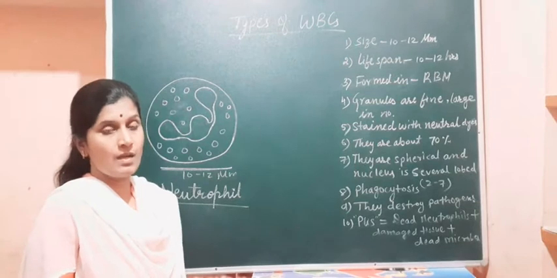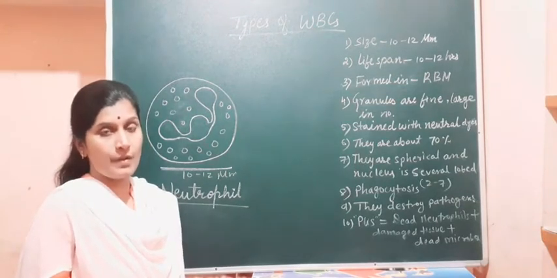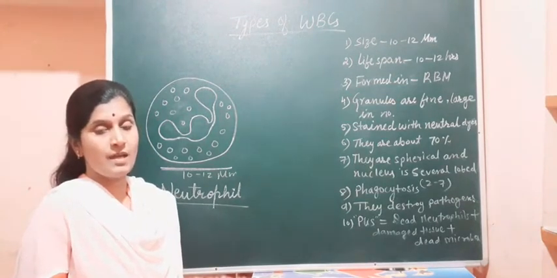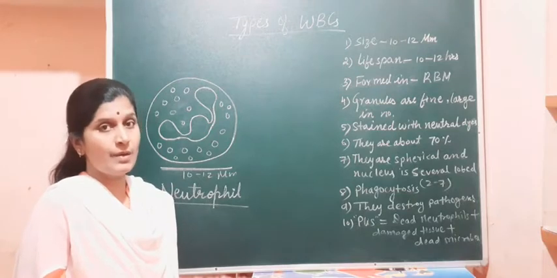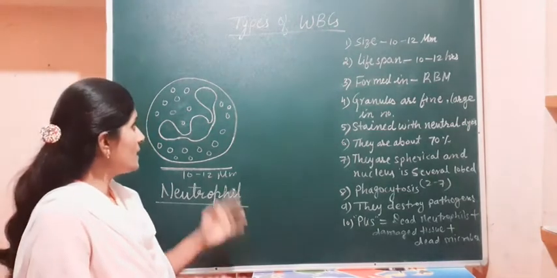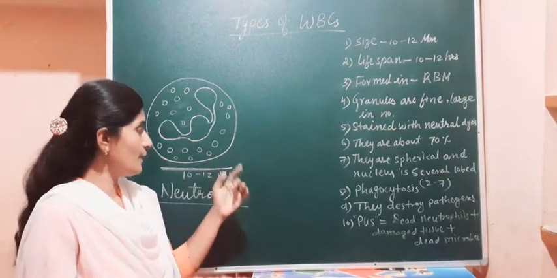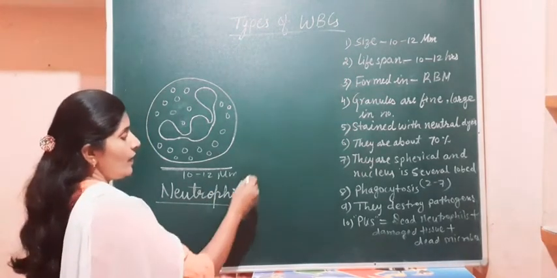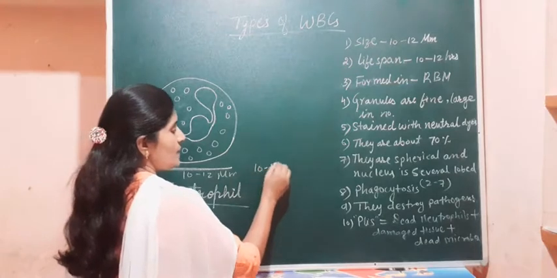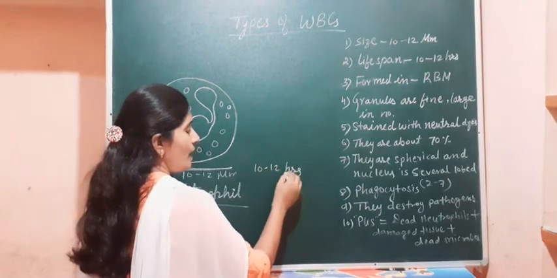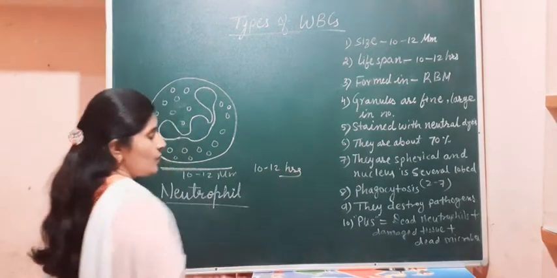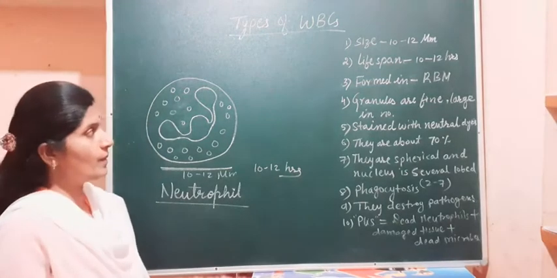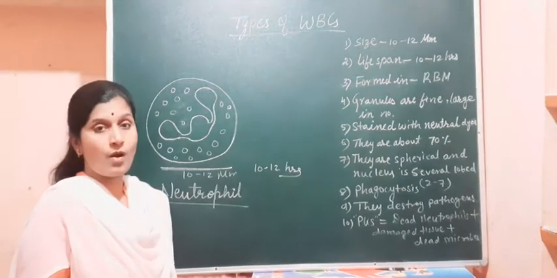The lifespan of the neutrophil is how many days they will survive. As we have seen, the RBC lifespan was 120 days. But these WBCs, the first type, neutrophils, survive only 10 to 12 hours, not days. Where are they formed?